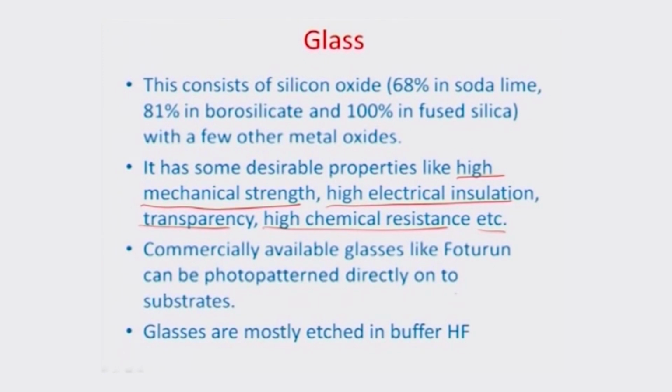And commercially available glasses are now freely available which can be photo patterned. Foturan is one such glass, which can be directly photo patterned onto the substrates. And therefore, with glass also you can actually use photochemical machining or PCM to result in a variety of features and structures at the microscopic length scale.